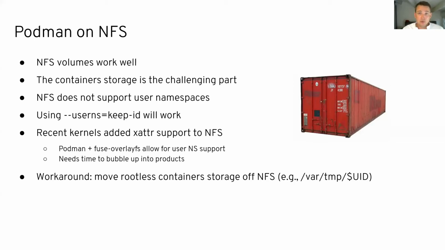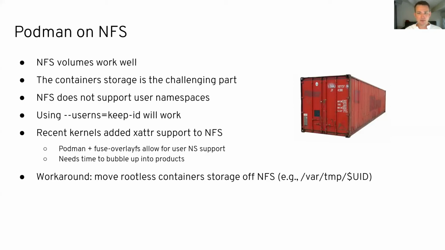Workaround: if you really want to make use of full user namespaces, and if you have NFS, then a workaround may be to just move the rootless container storage off NFS. For instance, you can put it into /var/tmp or any other directory that supports it.